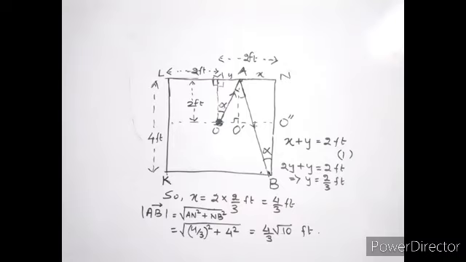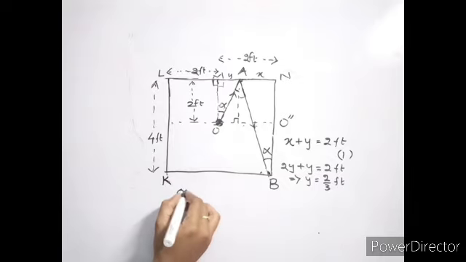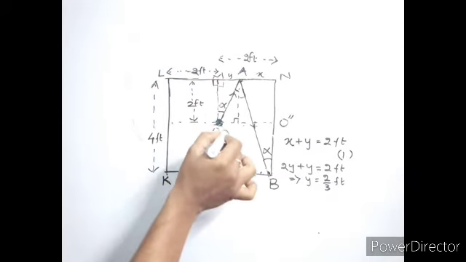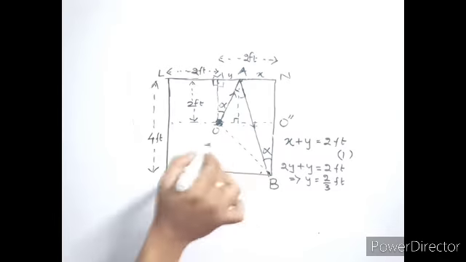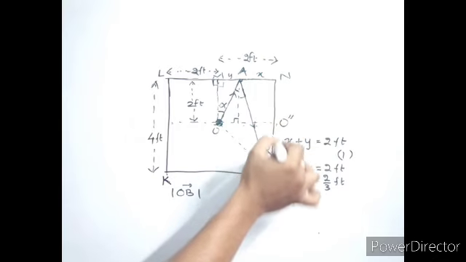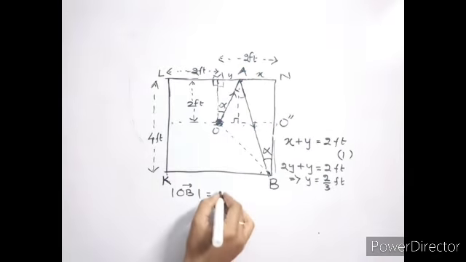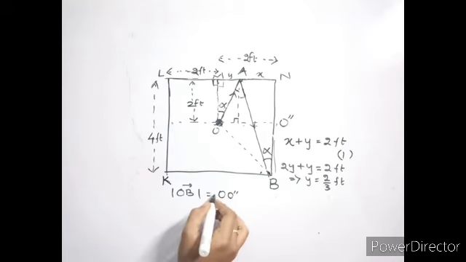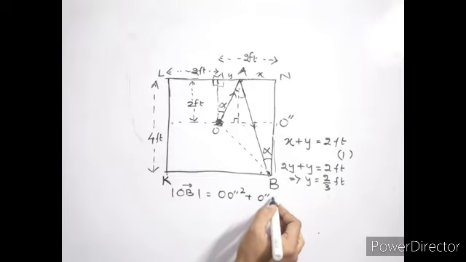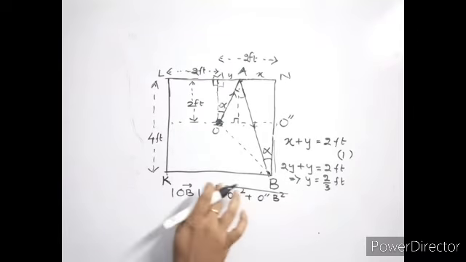And now the final magnitude, the net displacement of the queen, that is the OB vector, which is along that direction. For the OB vector we can consider the triangle O prime, O double prime, and B. So it is equal to the root of O prime O double prime squared plus O double prime B squared.